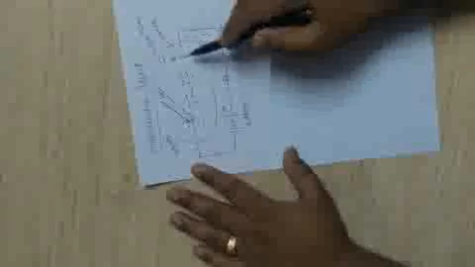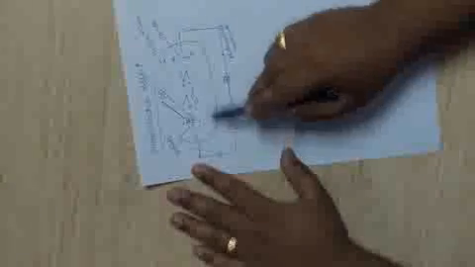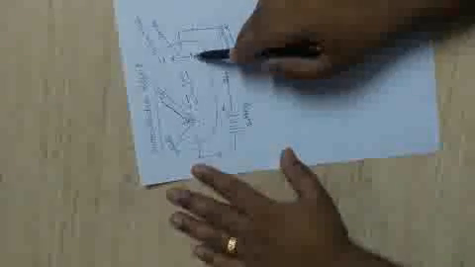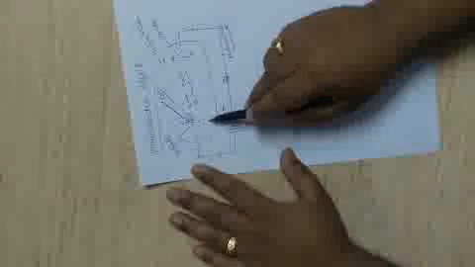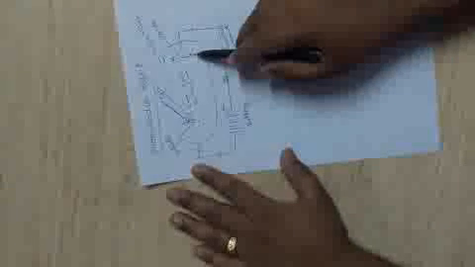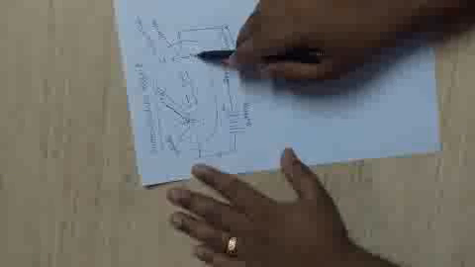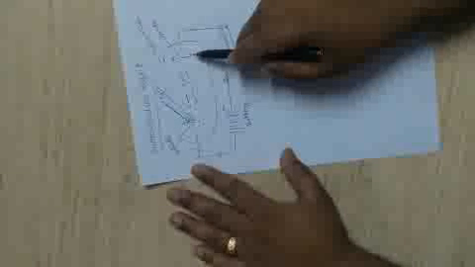Now we will talk about what will happen if this anode, which is at positive potential with respect to the cathode, is changed to a negative potential with respect to the cathode.